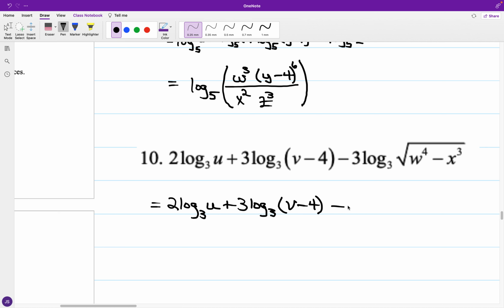Then we have minus 3 times the base 3 logarithm. And for the square root of w to the 4th minus x cubed, you see I have w to the 4th minus x cubed to the 1/2 power.